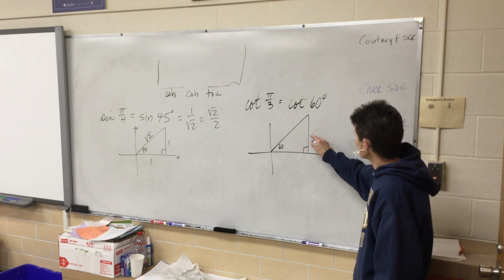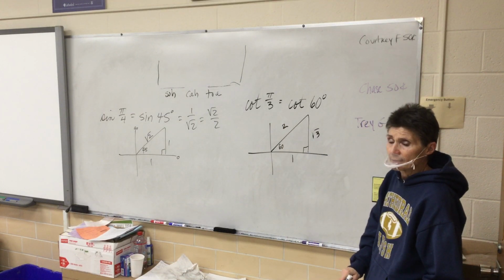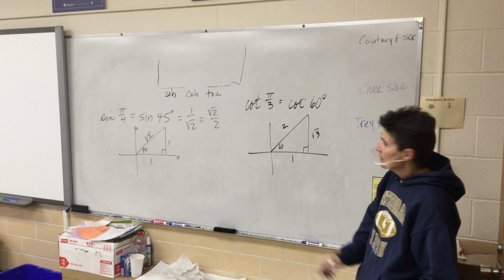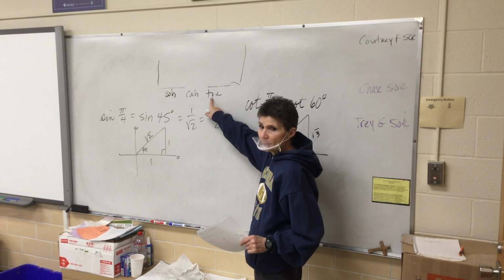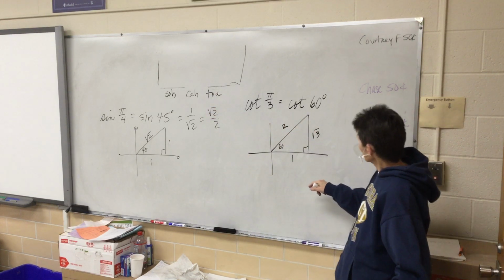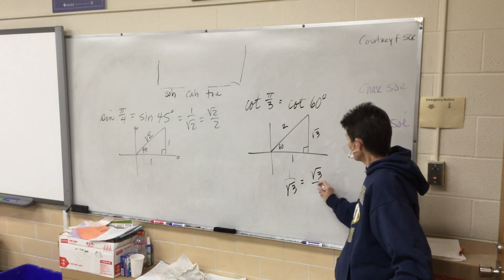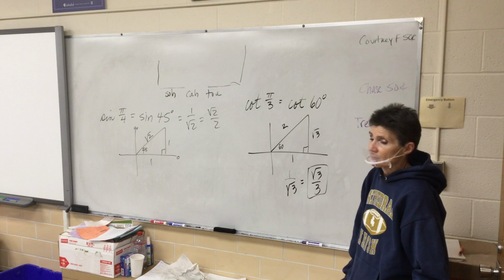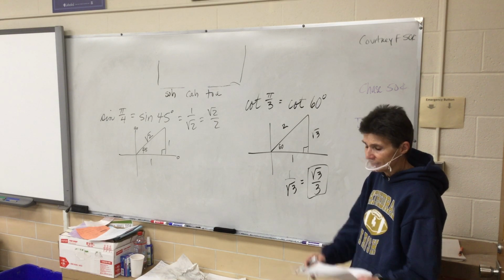So I know this is root 3, and this is 1, and this is 2. And I want cotangent, which is adjacent over opposite. So it'll be 1 over root 3, or root 3 over 3. And don't you feel like you're getting this kind of? I mean, it's not bad.